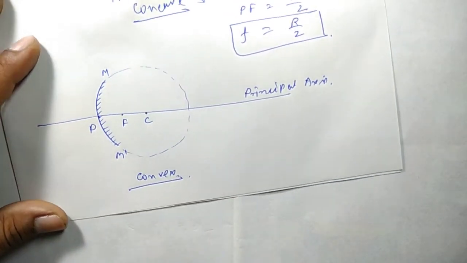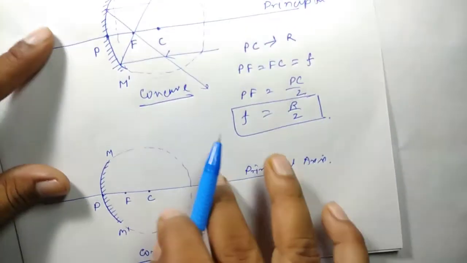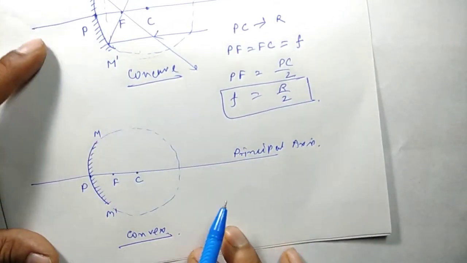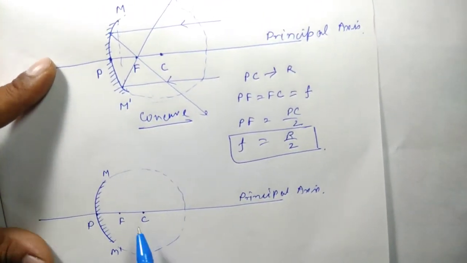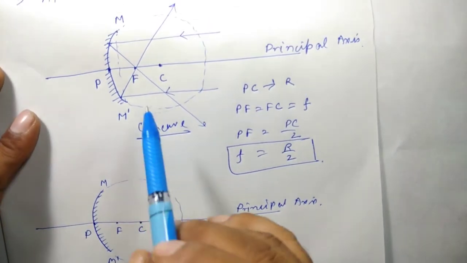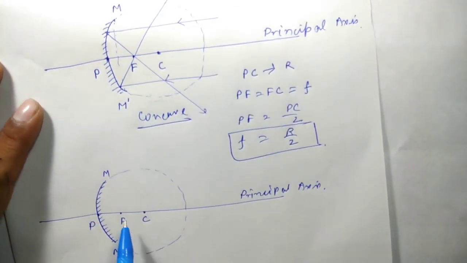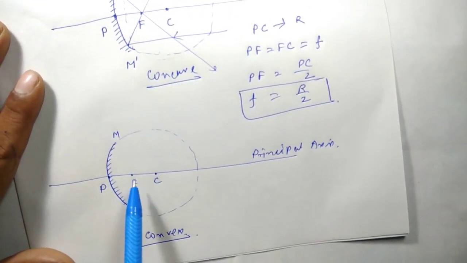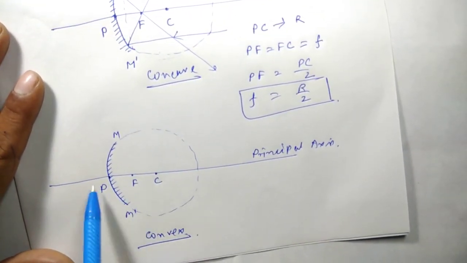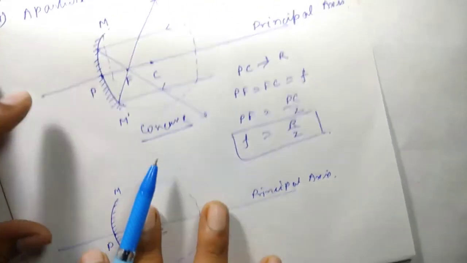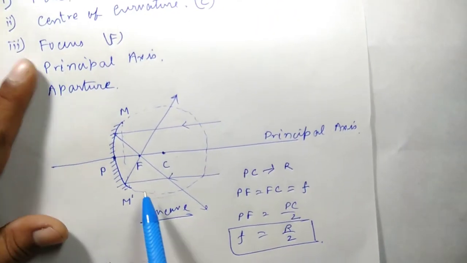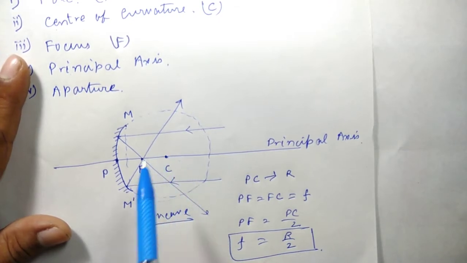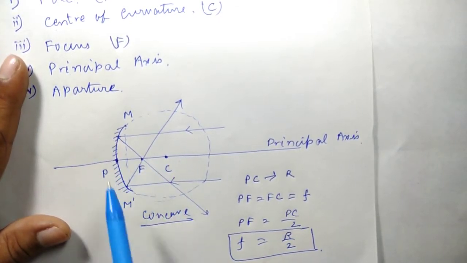The difference between concave and convex, geometrically looking at the picture, is that the focal point and the center of curvature in case of the convex mirror lie on the opposite side of the reflecting surface, whereas in case of the concave mirror the focal point and the center of curvature lie on the same side as the reflecting surface.